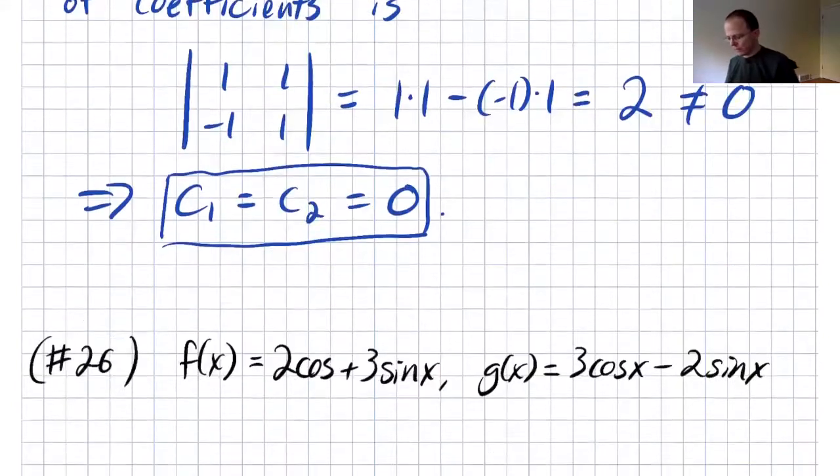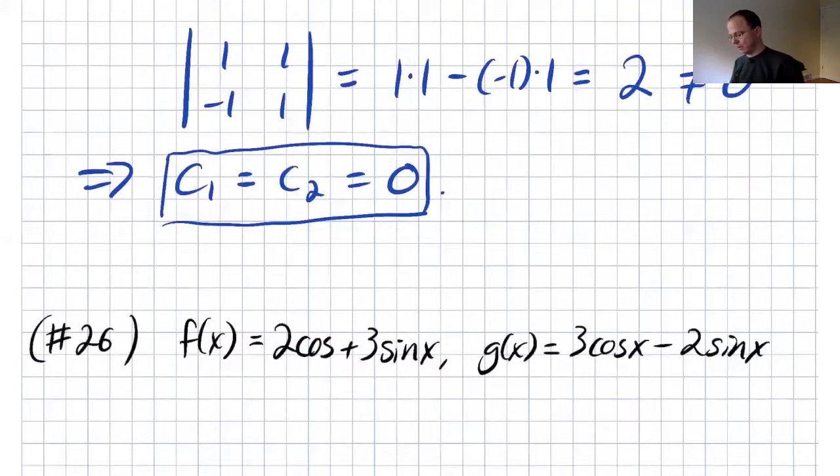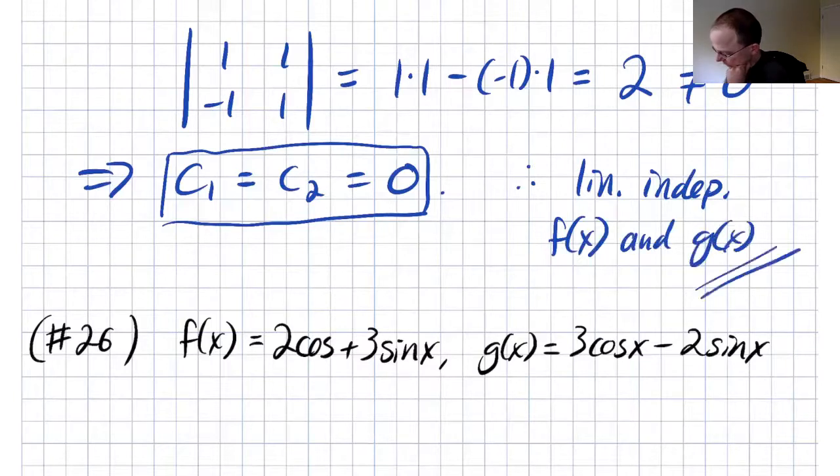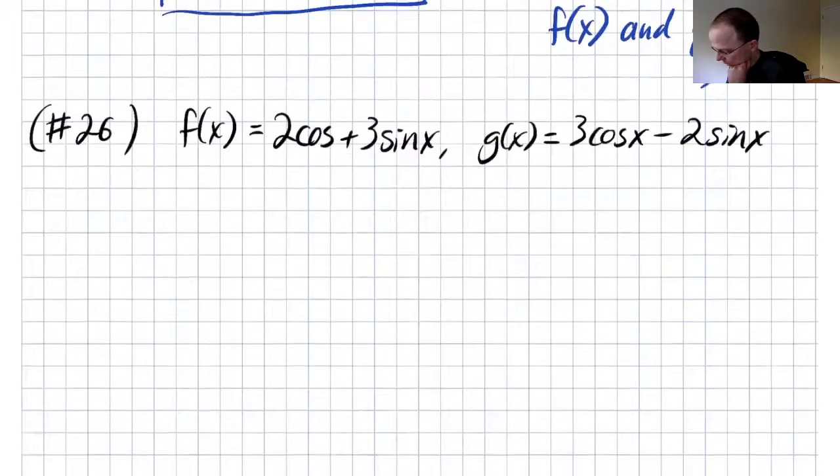Okay, so we'll use that method on this next one, because this next one is going to be somewhat more difficult. So that's the idea. So therefore, we have linearly independent f of x and g of x. So that's another way to do it, an easier way.